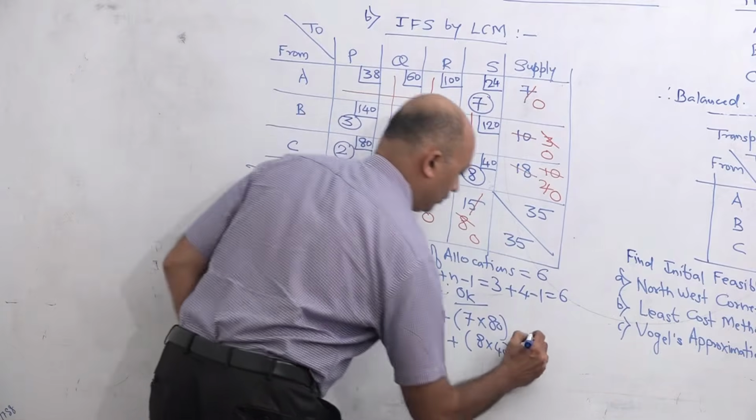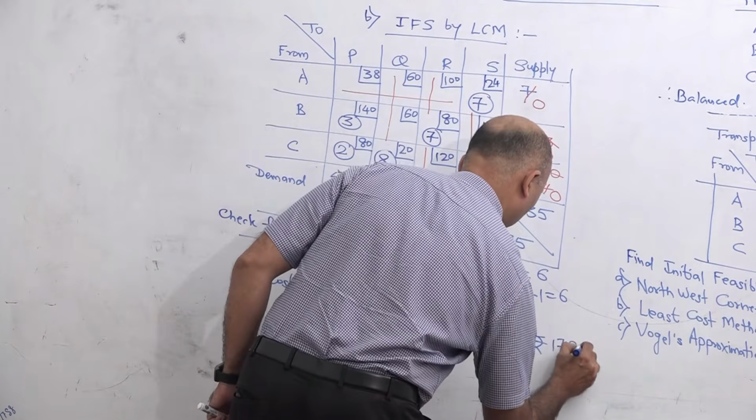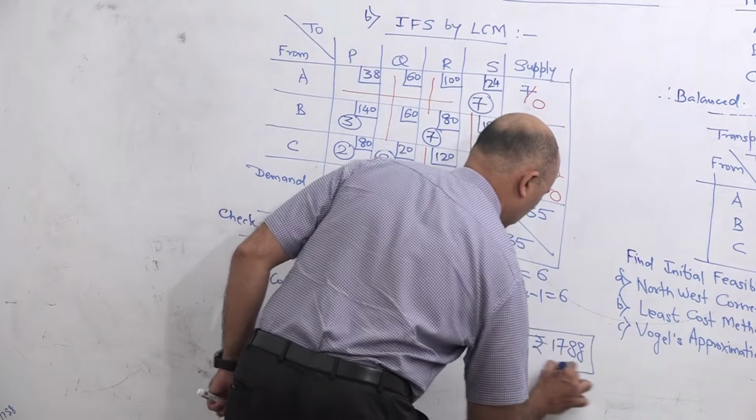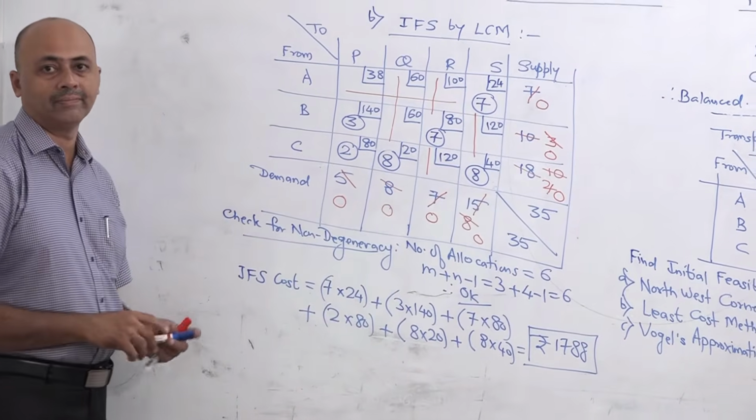And when you add this, you will get a total cost of 1788. Okay, so this is how we solve the IFS by least cost method.